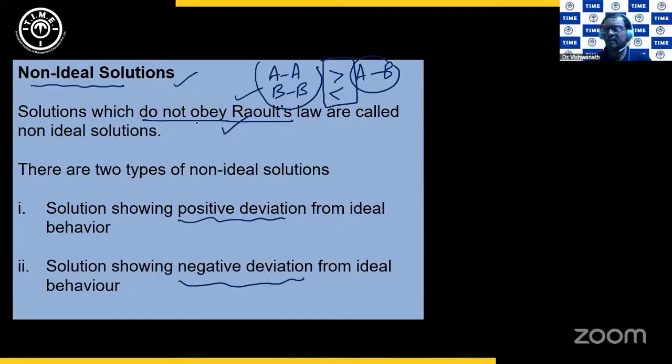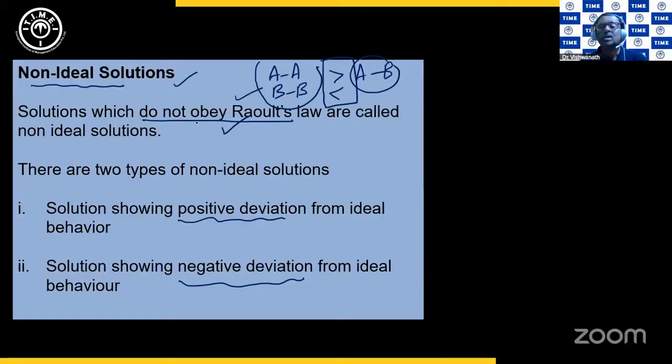There you might find almost similar molecular forces, intermolecular forces. But then when you have a benzene and toluene, right, you know that there is going to be difference, but so small that you can treat them as ideal. Clear?